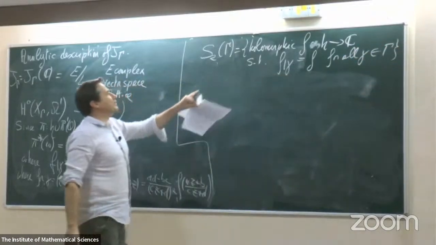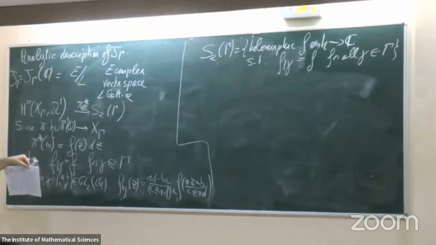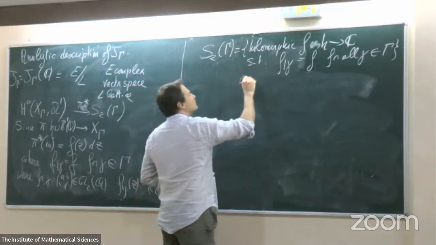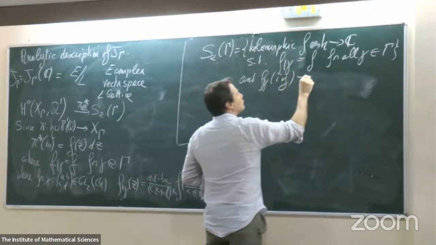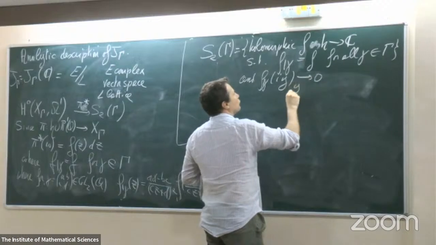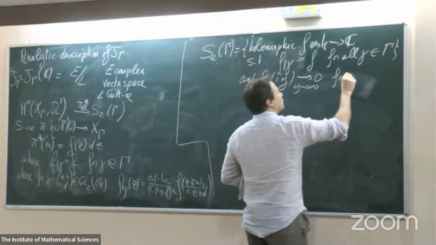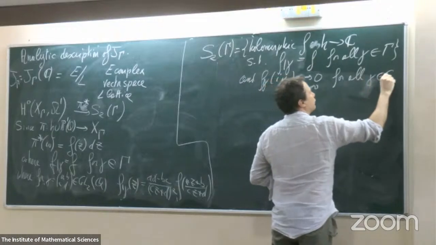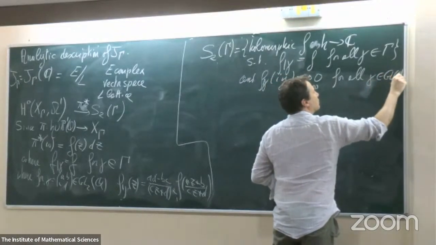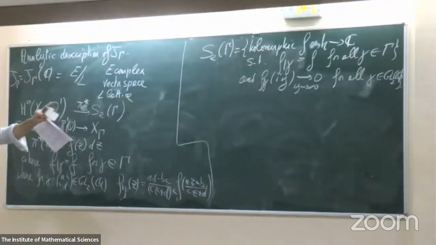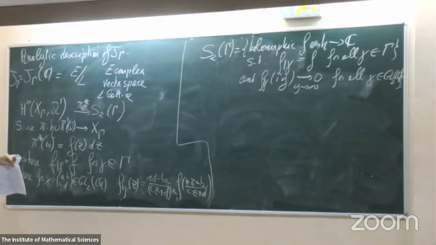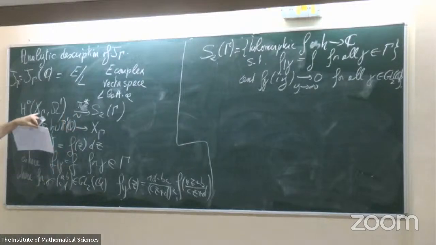And also there is a condition at infinity: f slash gamma of iy has to tend to 0 when y goes to infinity, for all gamma in GL2 of Q. So this is a complete definition of the space of modular forms of weight 2 for Gamma. It's the same thing as the space of holomorphic differential forms on X_Gamma.